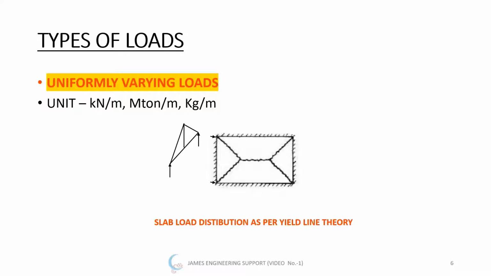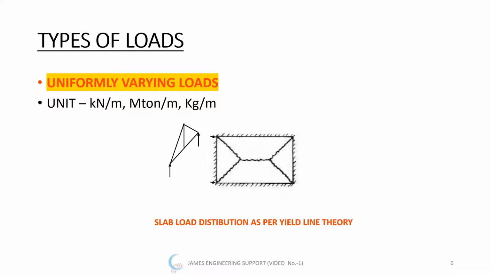This figure shows you the slab load distribution as per the yield line theory. Slab means where you are staying right now, you are having a ceiling, you are resting on the slab. The slab fails along these four lines.